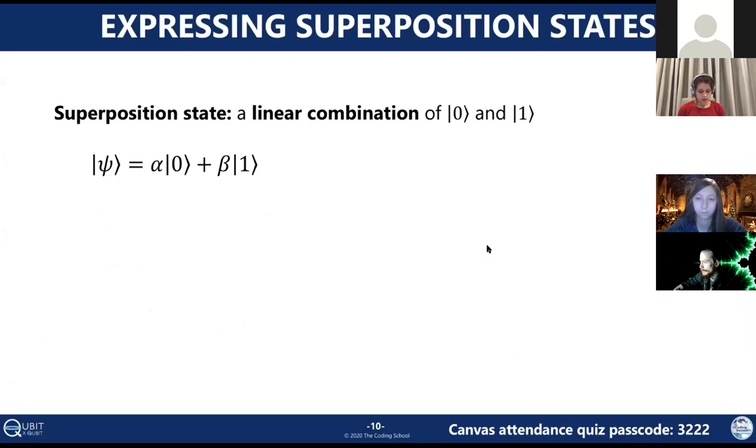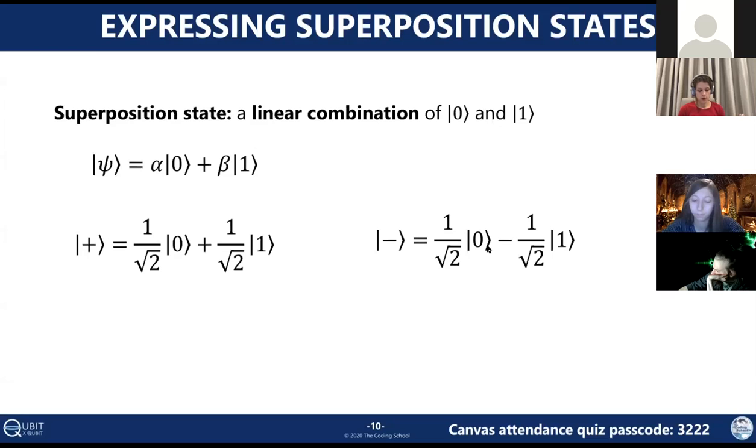Okay, so now we're going to go to superpositions, which we discussed before: the idea of having a combination of two different basis states with some probability amplitude for each of these quantum states. These superpositions are just linear combinations of each of these basis states, or these quantum states that we've decided on. So we can create superposition states, which we've discussed before, this plus state and this minus state, that are equal superpositions of the 0 and 1 state.